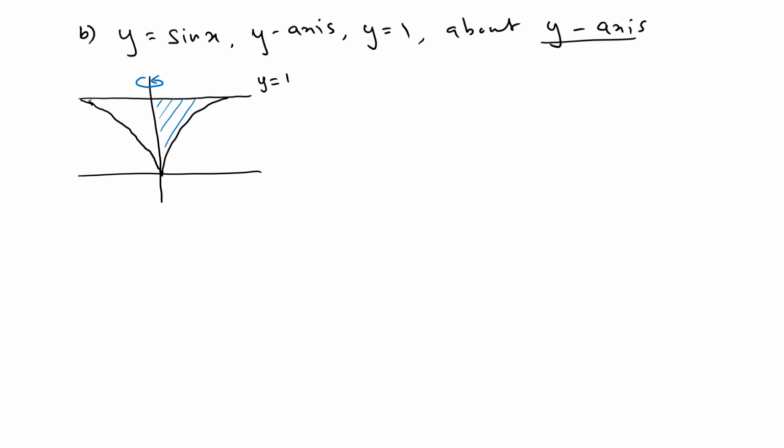So what's the radius here? Again, we cut it perpendicular to the axis, the y-axis in this case. That's the radius. The radius is simply equal to the x coordinate. This curve is y equals sine x, so we have to solve for x.